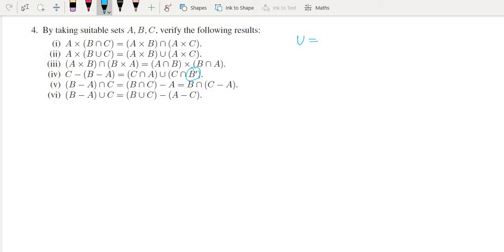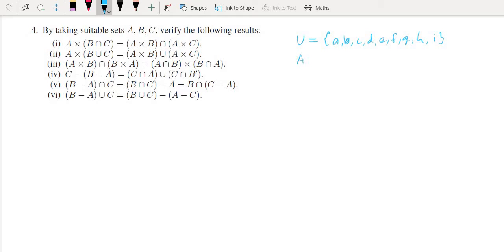So if we are discussing complement, we definitely need a universal set. So that's why I am writing universal set here. So let the set be a, b, c, d, e, f, g, h, i, that is 1, 2, 3, 4, 5, 6, 7, 8, 9. So these 9 elements are the universal set.